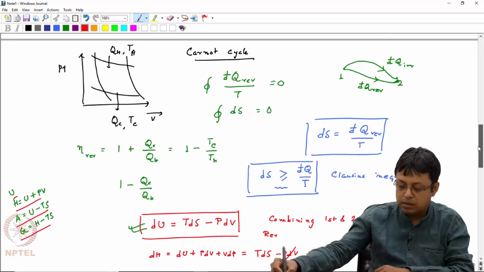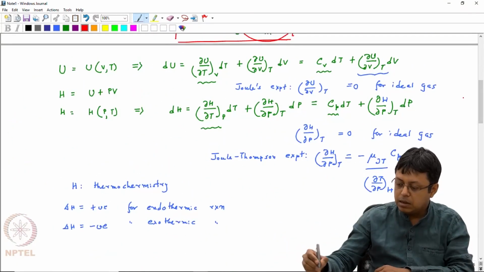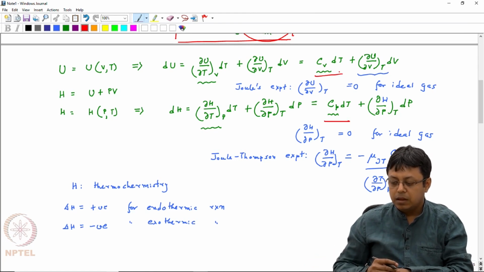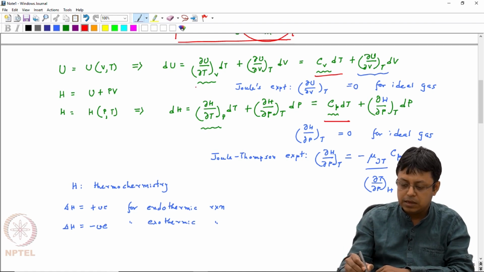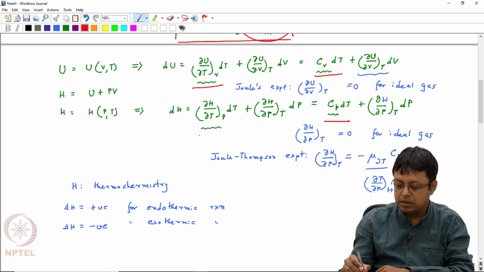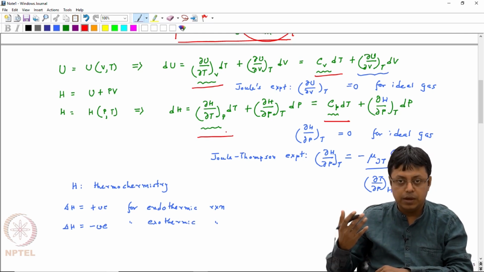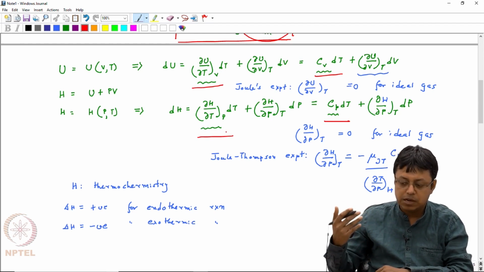You already know that the Cp is coming from here, and then the Cv is coming from here. So Cv is related to (del U/del T) at constant V dT, and Cp is related to (del H/del T) at constant P dT, and there is a relation between U and H, because we know that H is U plus PV.